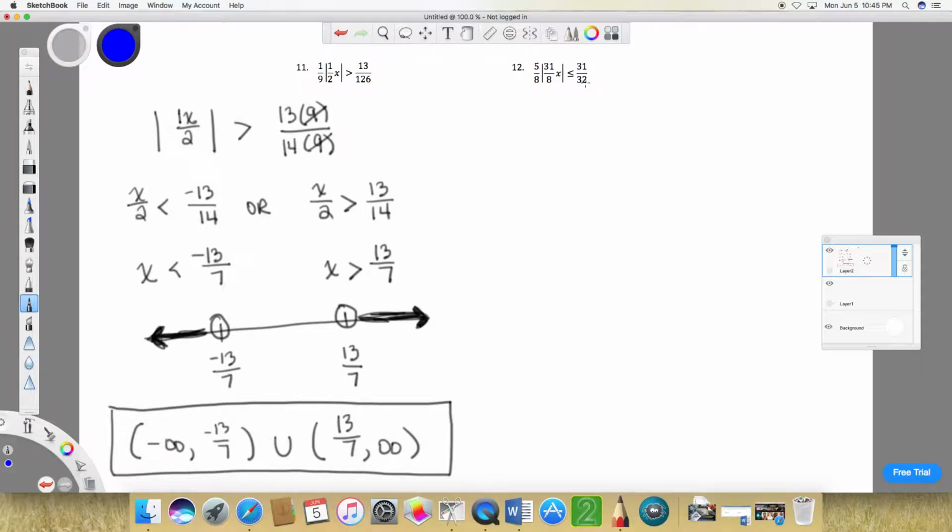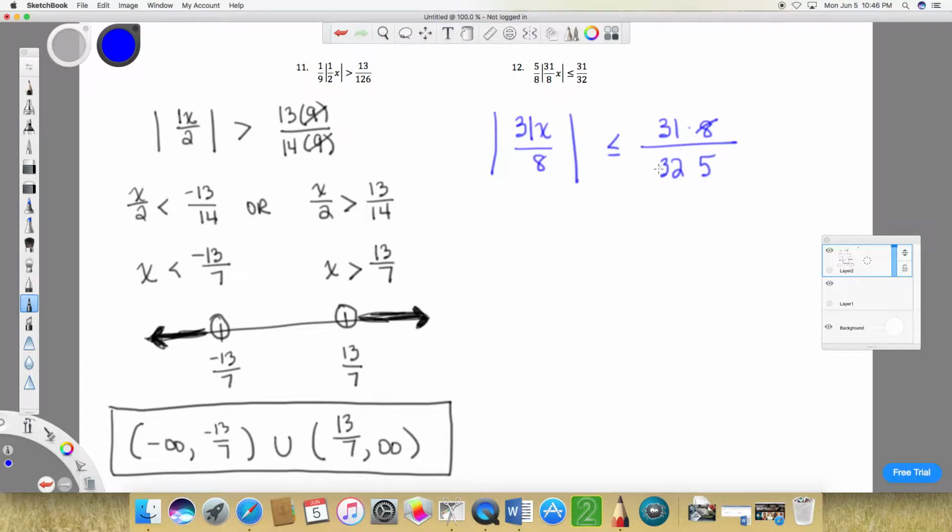The absolute value is not by itself. Let's multiply each side by the reciprocal of 5 over 8. So I'm going to multiply each side by 8 over 5. So on the left-hand side, I'm just going to have the absolute value of 31x over 8, being less than or equal to 31 over 32, but I'm multiplying it by the reciprocal, which is 8 over 5.